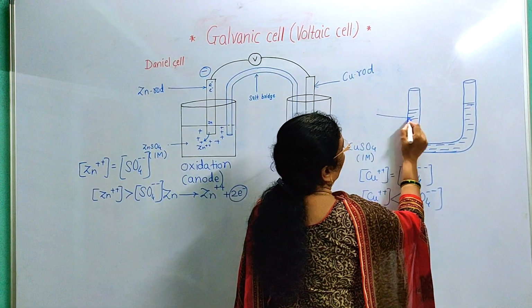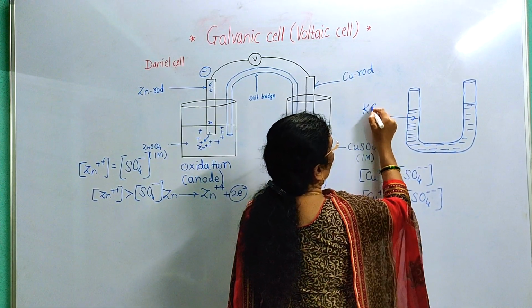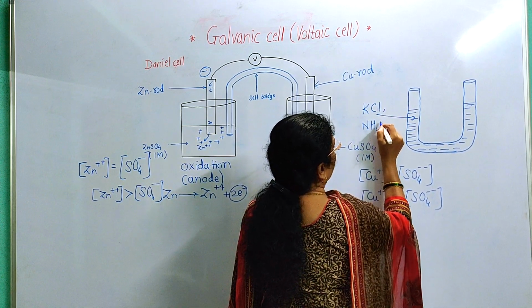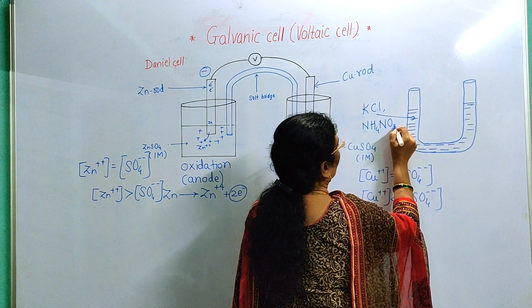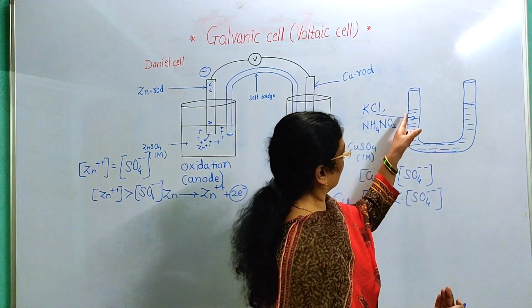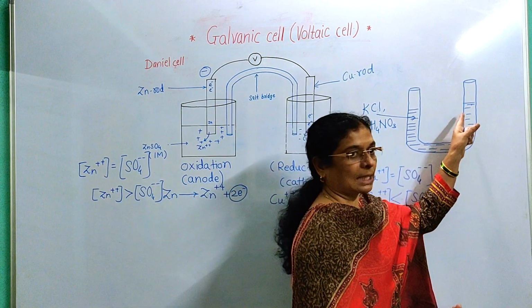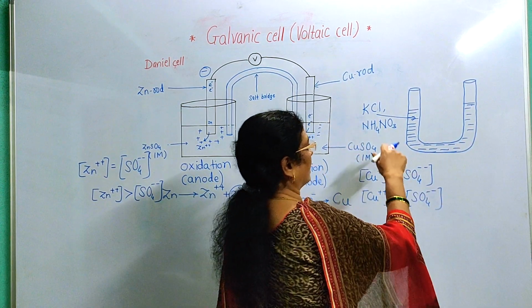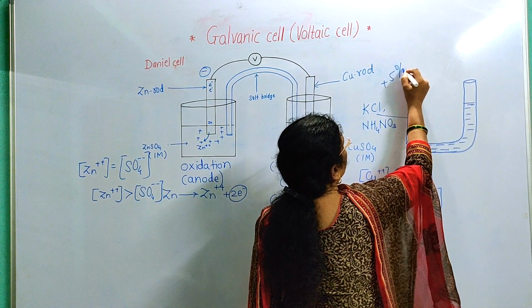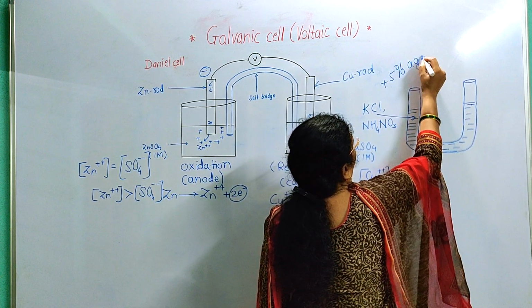Generally, we use KCl solution or NH4NO3 solution. A saturated hot solution of KCl or NH4NO3 is filled in this U-shaped glass tube, and in this KCl solution we add 5% agar powder.